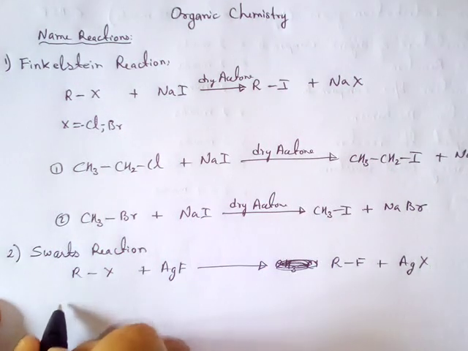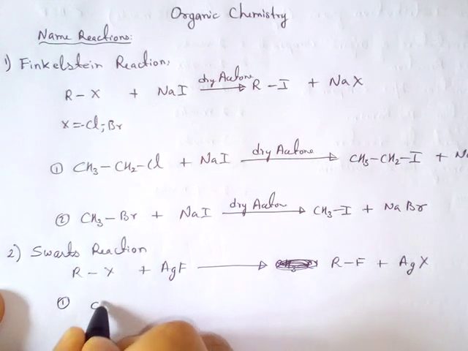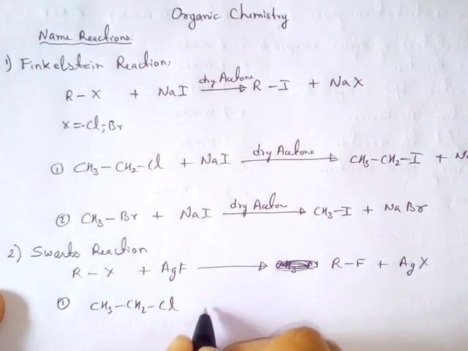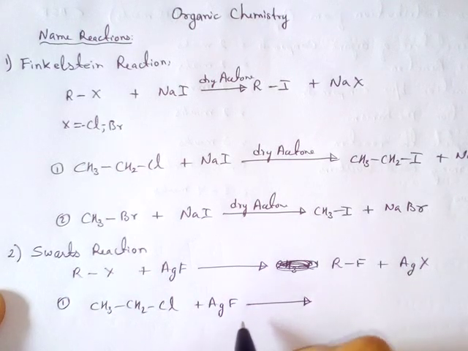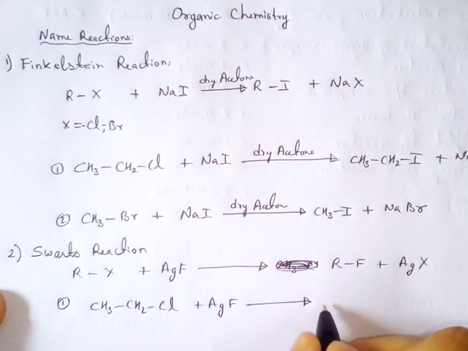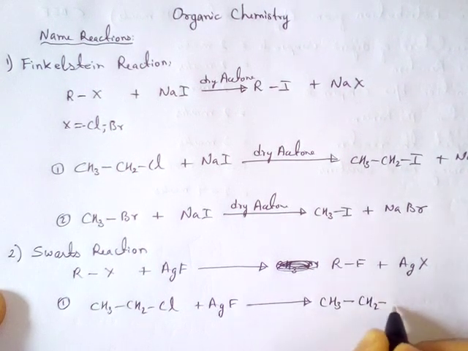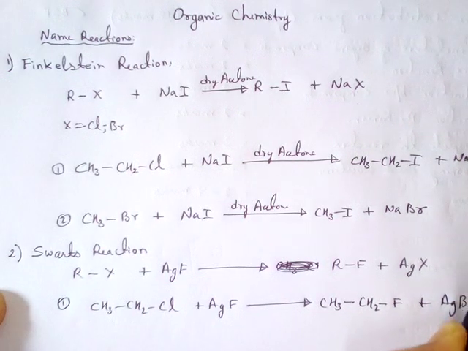We can take a particular example, like if we have CH3CH2Cl, then when we add AgF, there is a list of reagents. We'll write that later on. So our product will be CH3CH2F plus AgCl.